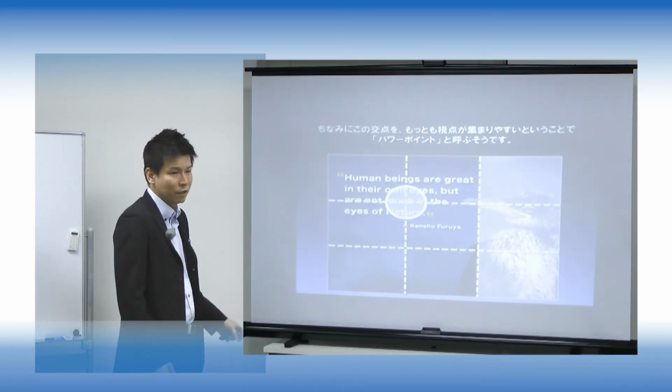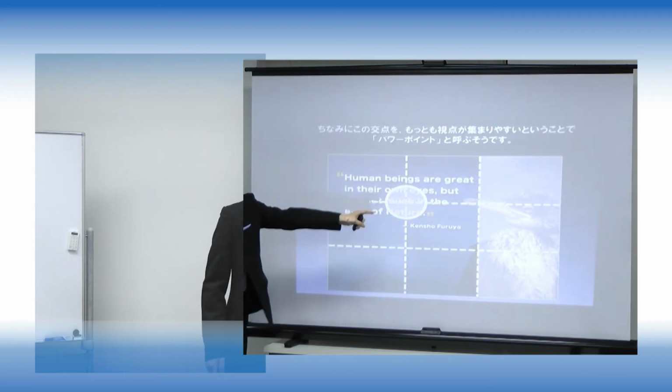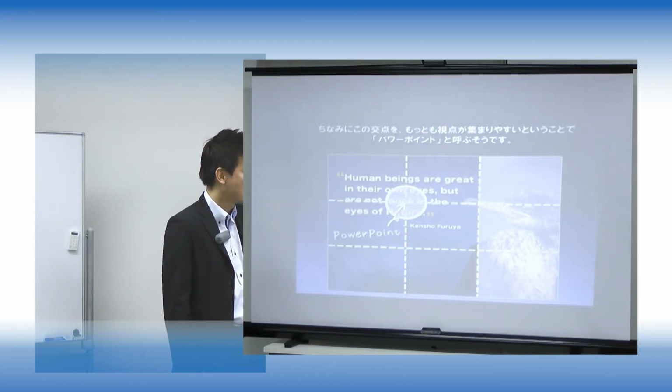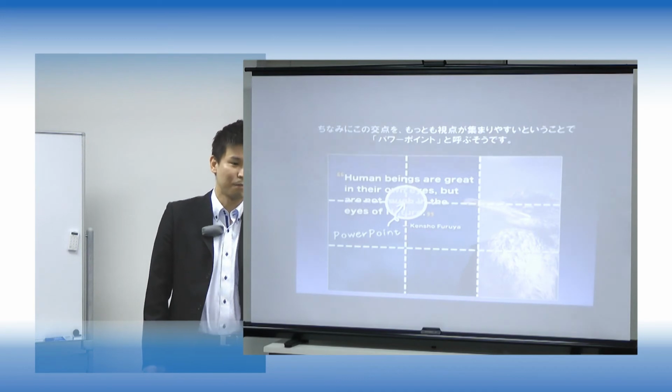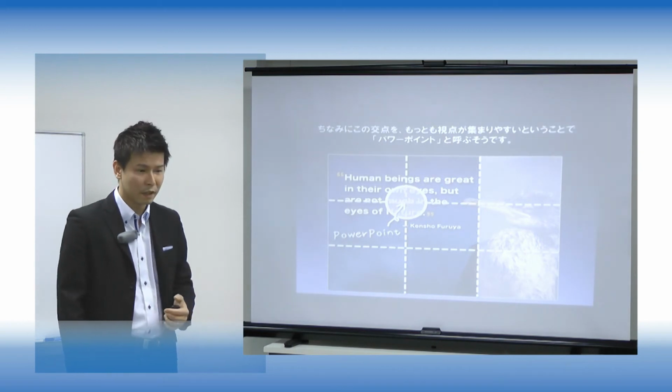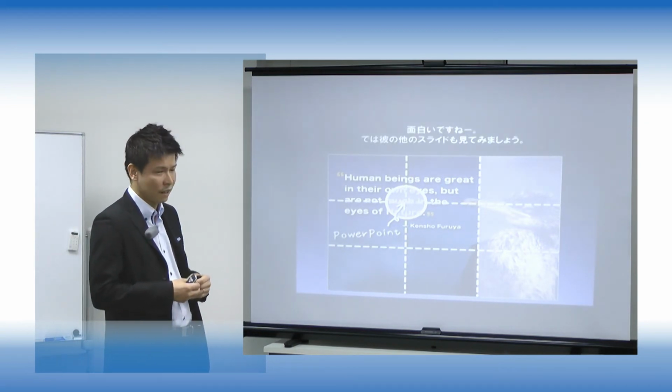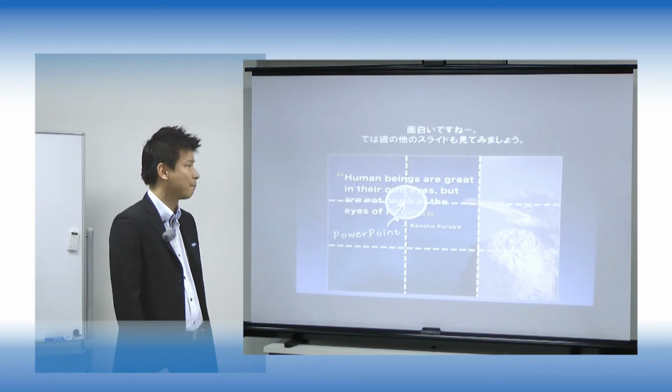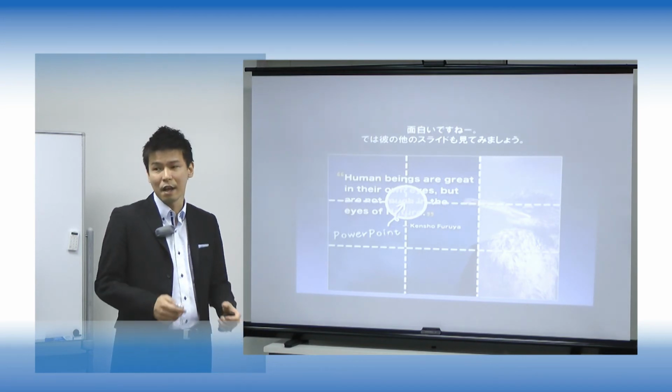By the way, this intersection point is called a power point in English, which can be used as eye appeal in the design field. What a coincidence! Very interesting. Okay, let's check the other slides.